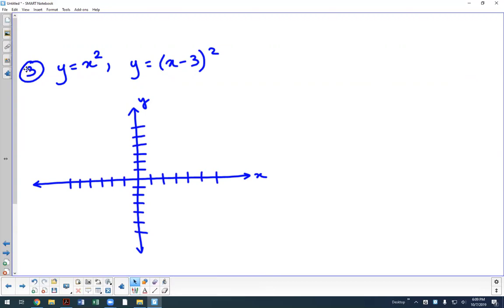So for our base graph, that was a parabola.